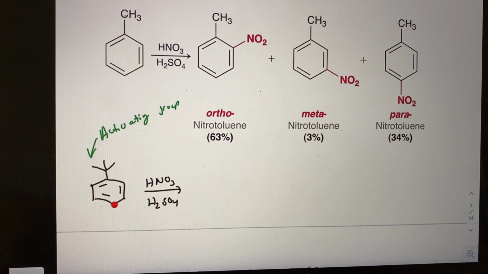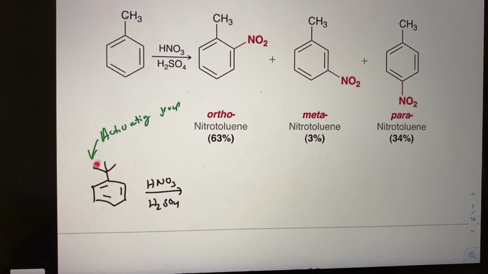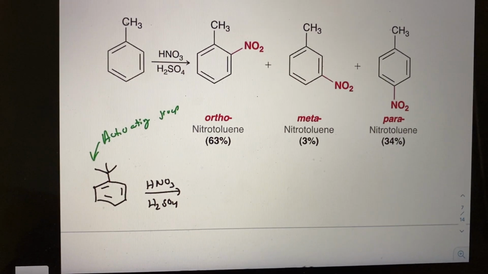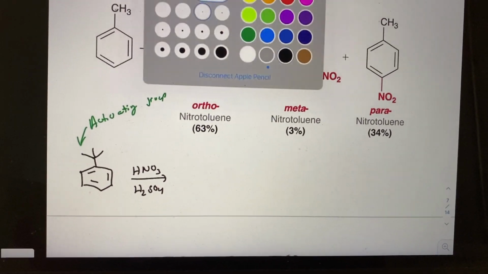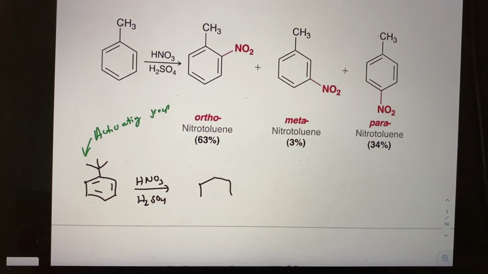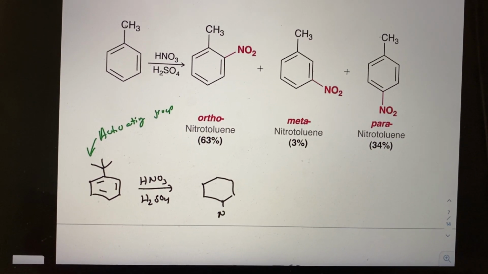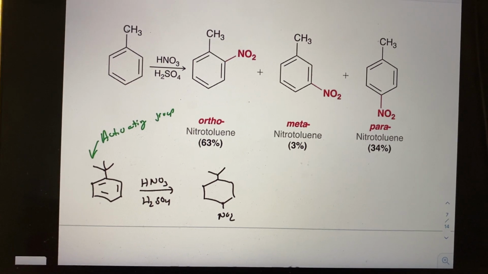the para position. However, now, because you have this big, bulky tert-butyl group, it's going to bump into the nitro group a lot more, so that now you would actually see substitution para as the major product.